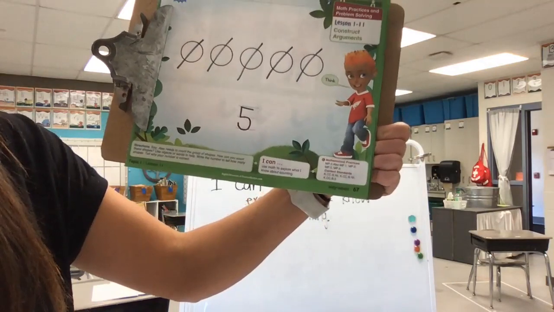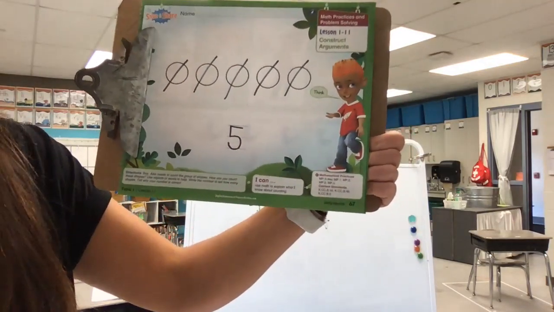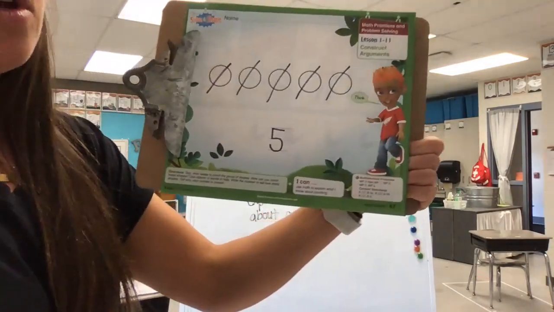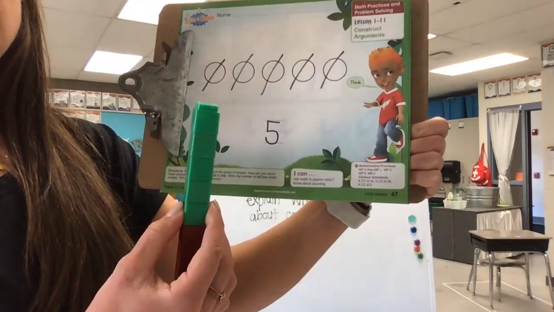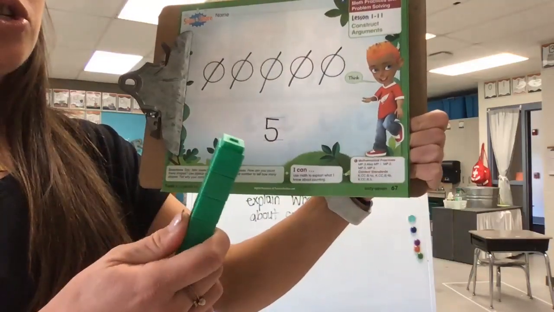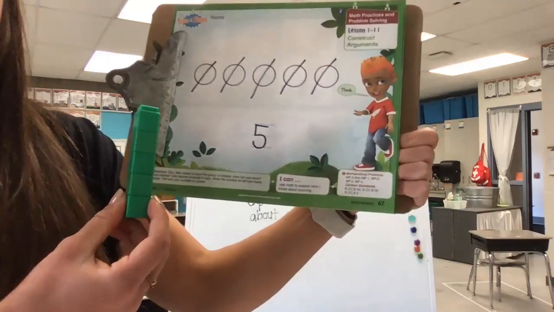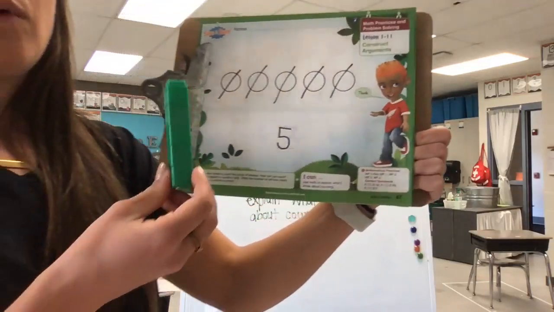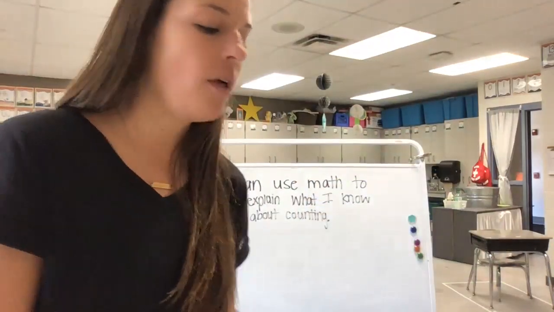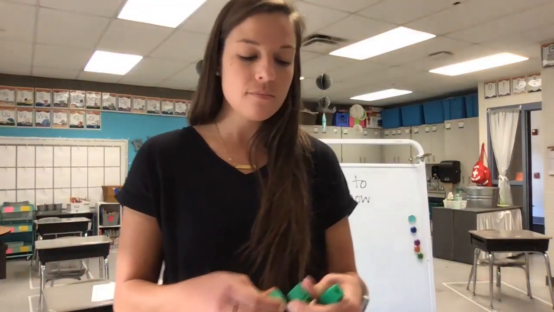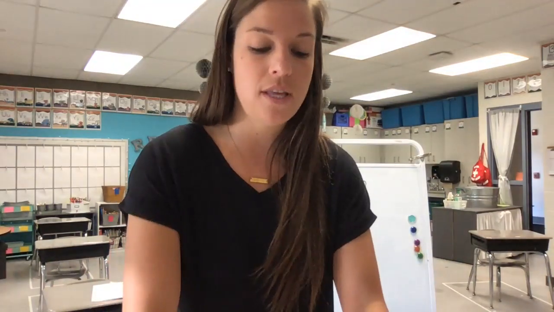Okay. Another strategy that we can use is using objects to help us count. So in our other lesson, we used some Unifix cubes to help us count and show that we know our numbers 1 through 5, and we know how they get bigger when we count and keep counting to a larger number. So another way that we could do this is by using objects to count how many circles there are.